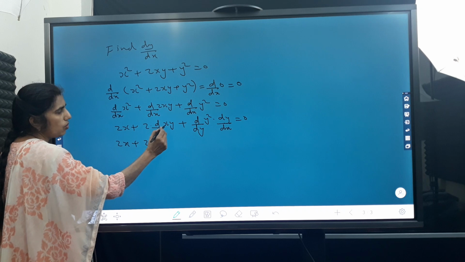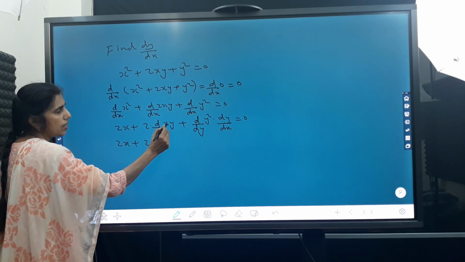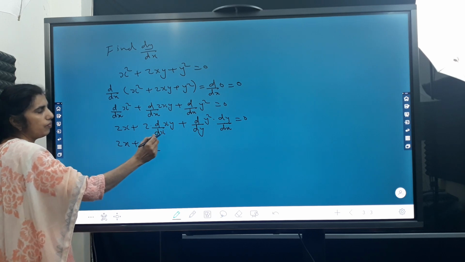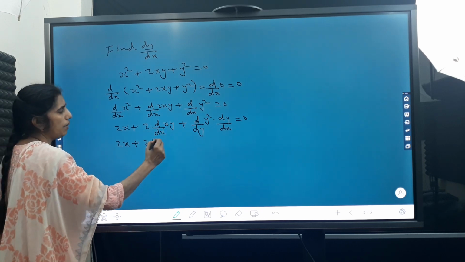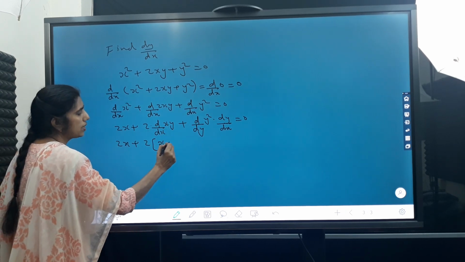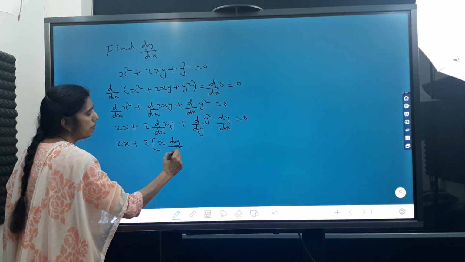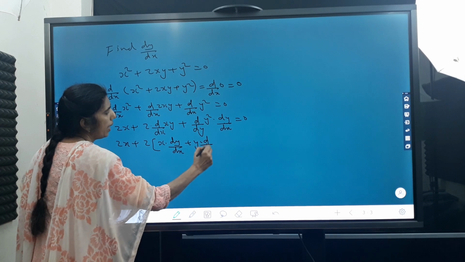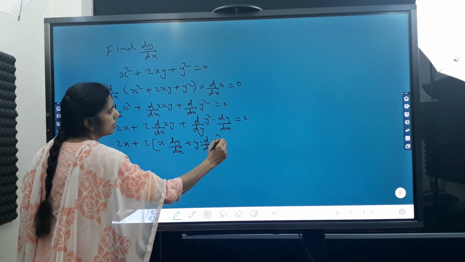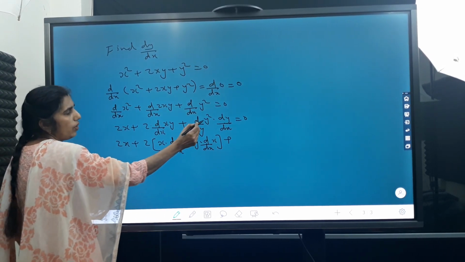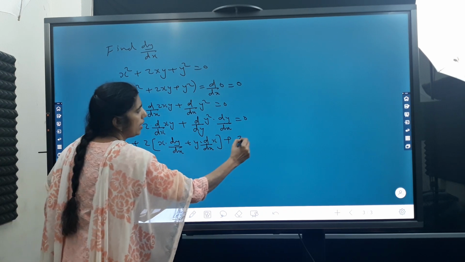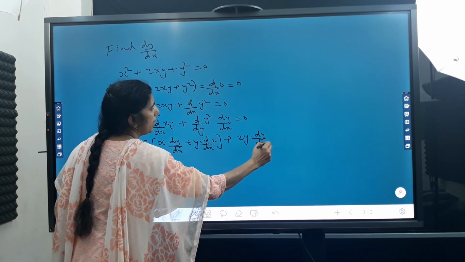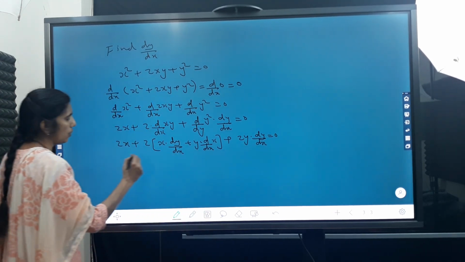What is the product rule? d by dx of u into v is u into d by dx of v plus v into d by dx of u. So it is x into dy by dx plus y into d by dx of x, plus. Now d by dy of y square is 2y into dy by dx equal to 0.